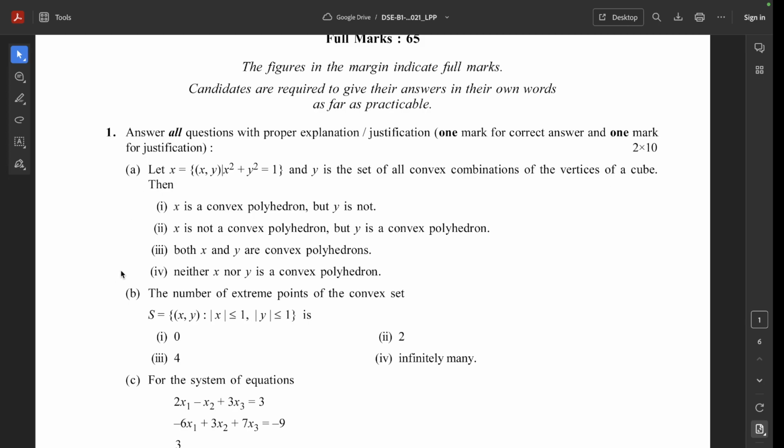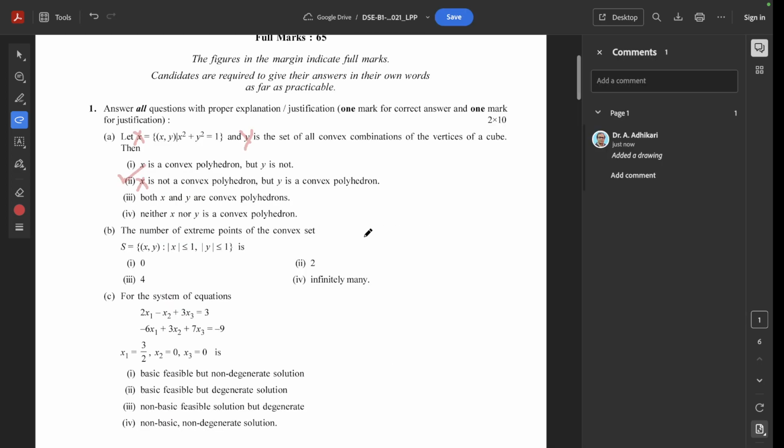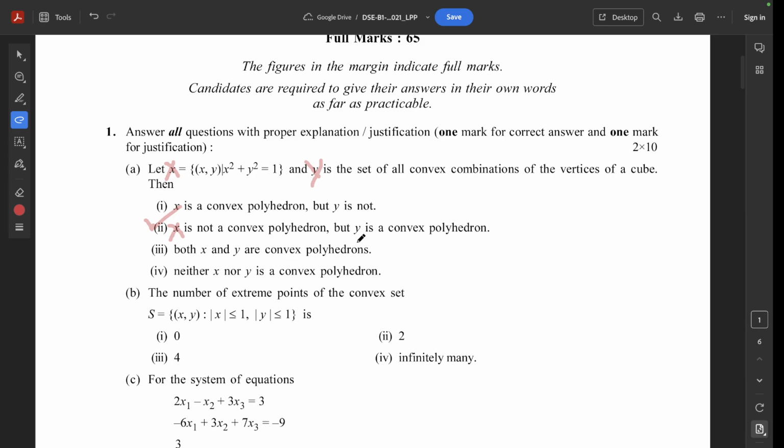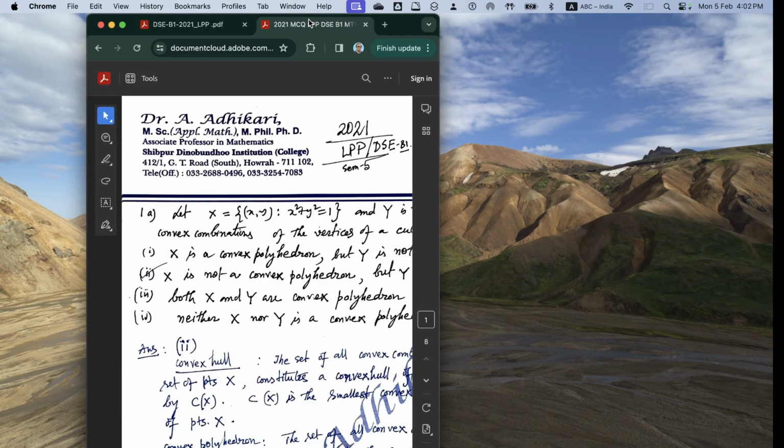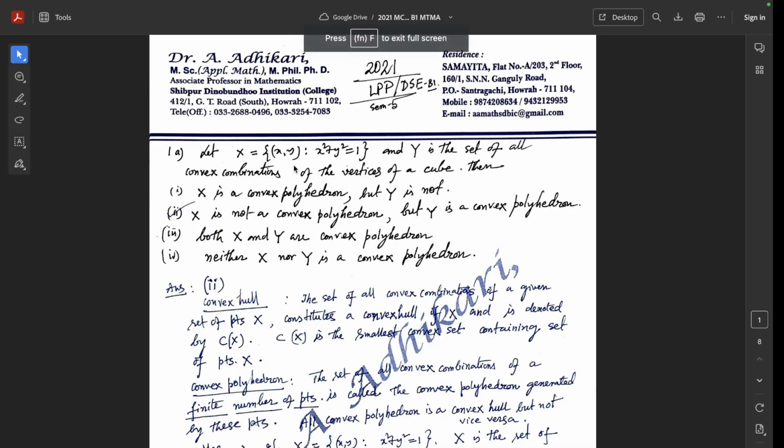Then the correct option is: capital X is not a convex polyhedron, but capital Y is a convex polyhedron. The answer.